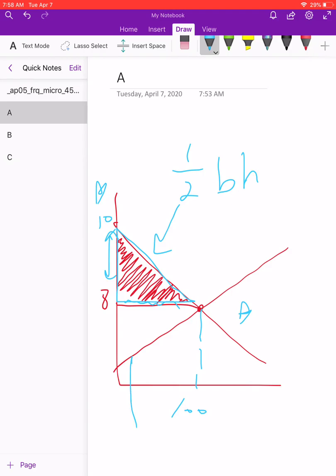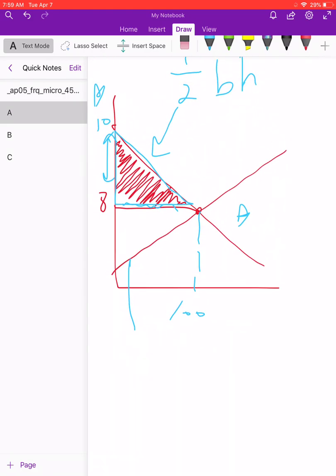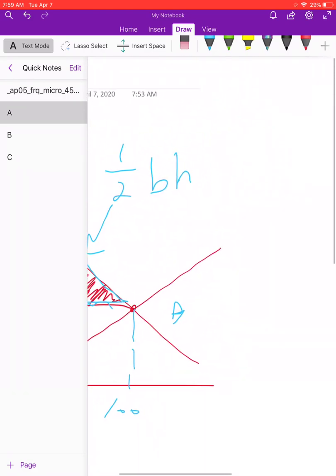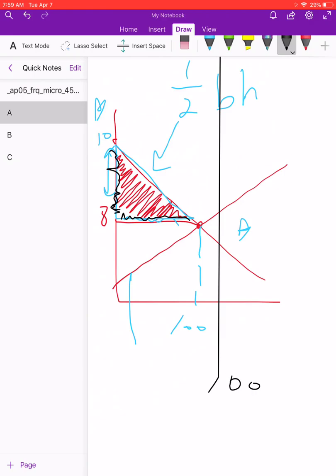And it's 100, and then the height is this distance here. So here's the base of 100, here's the height of 2, so 2 times 100, but it's 1/2, of course, and so that means it's 200, but it's a half, and so that means it's $100. That's the consumer surplus on this problem I just made up.